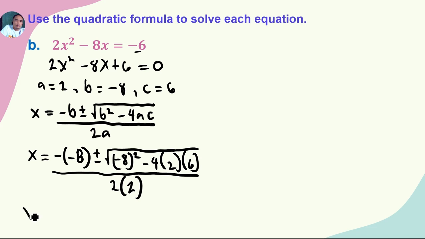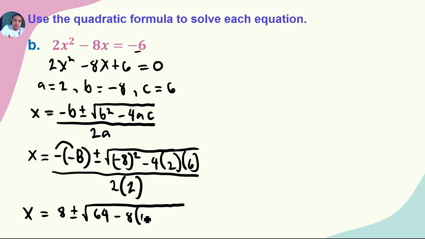Right, so let's continue. Let's evaluate this. Negative times negative 8 is positive 8. Plus minus the square root of negative 8 squared, which means negative 8 times negative 8, which is positive 64. Then minus 4 times 2 is 8, then times 6, all over 4. 2 times 2 is 4.